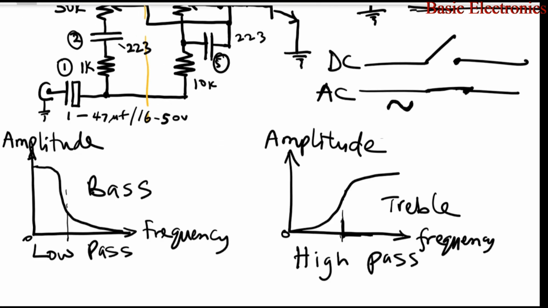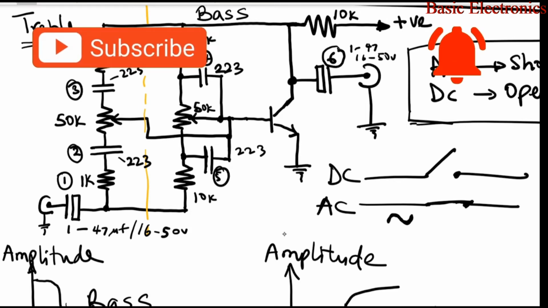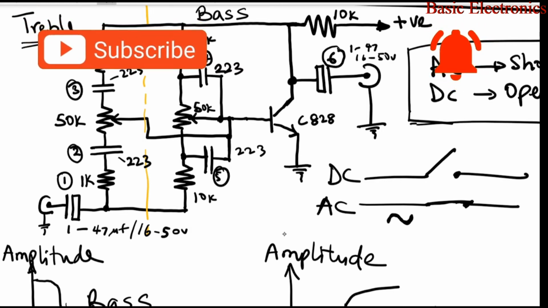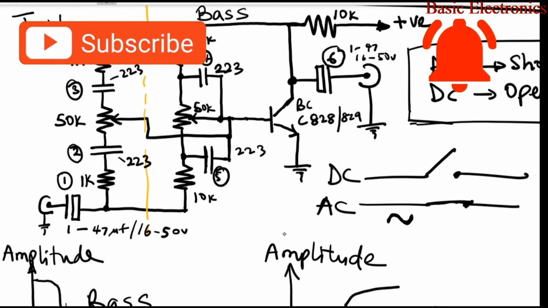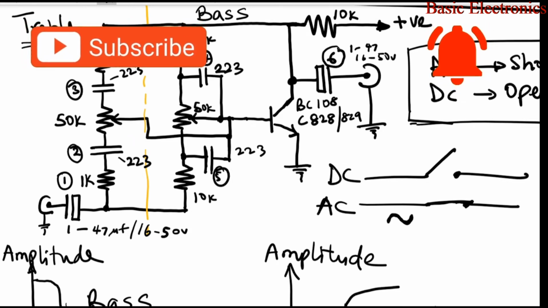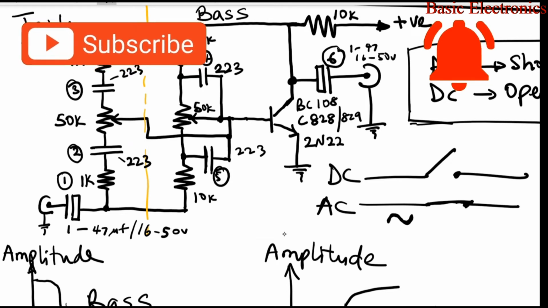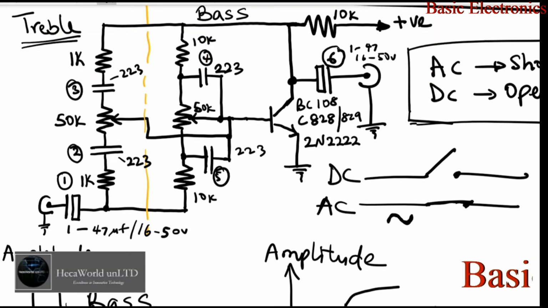Historically we used C828 or 829 or BC108, but today we're using 2N2222. Any general purpose audio frequency transistor will do.